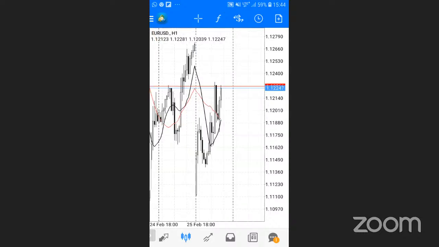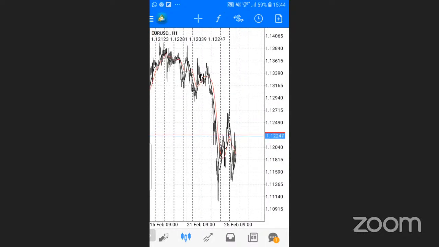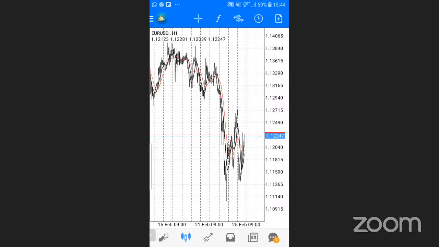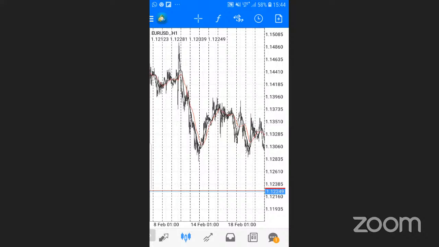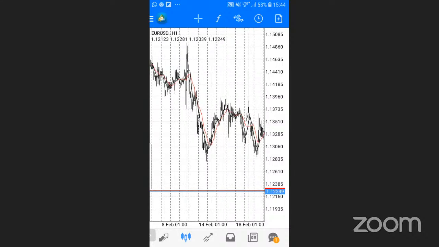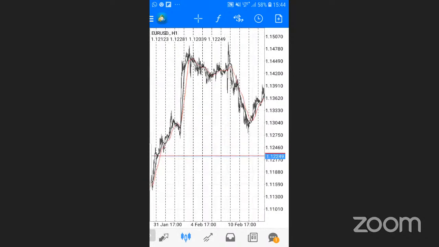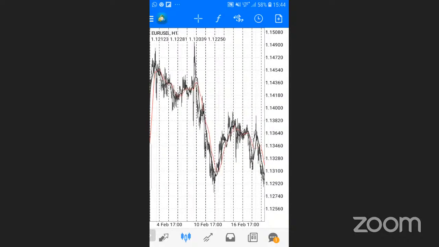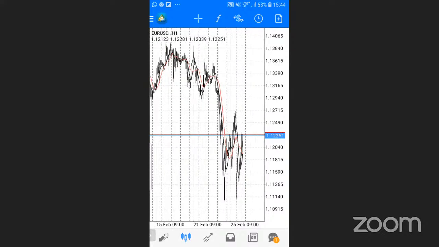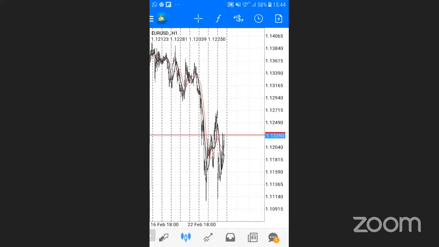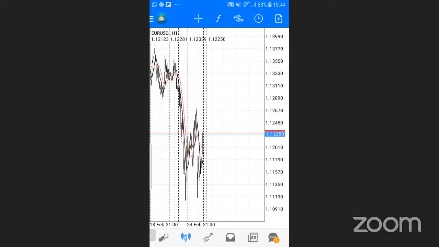Based on the current market price, all this while it has been trending below this moving average. When price comes back, we'll sell into the MA. This is the last trend it gave us, which is this. Now, currently, this is the current market price.